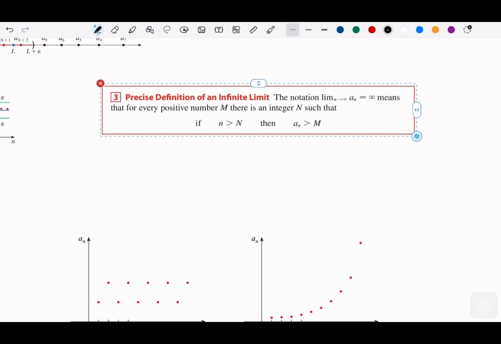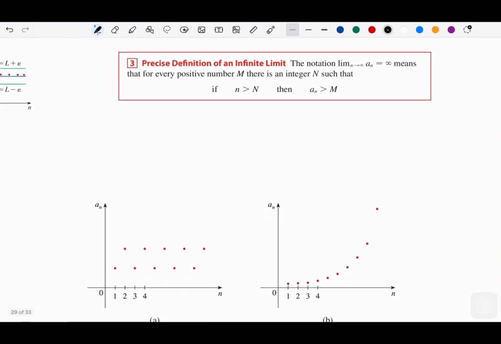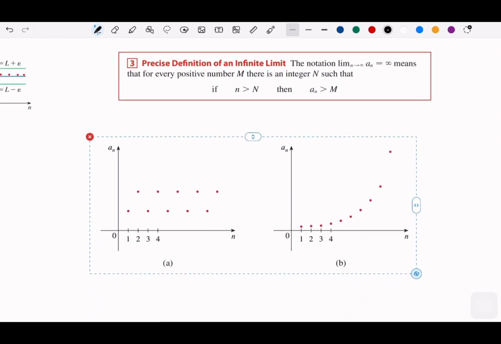Now, the infinite limit, for example, is something like this. This we call an infinite limit. And this is another one that diverges, not infinite, but it diverges. So this is a divergent sequence.